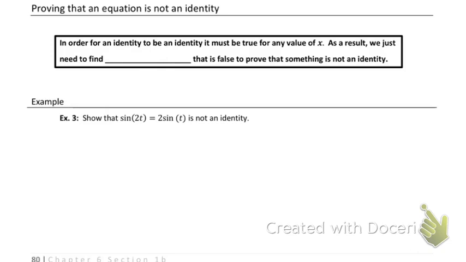What you need to do is find any one value that is not true. So in short, you're just plugging in values and hoping one of them isn't true. Because some of these, it could just be one value that doesn't work, and it makes it false. So this is basically trial and error, plugging stuff in and seeing if it's true or false.